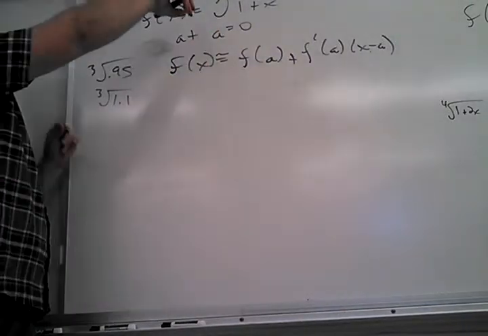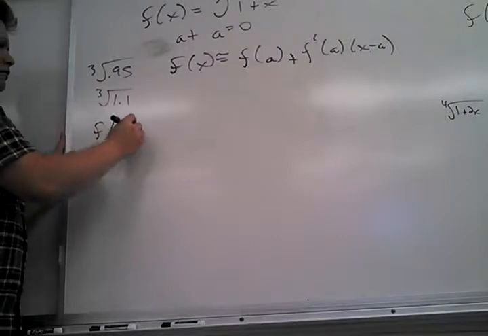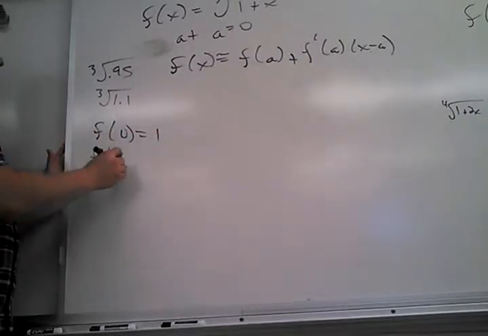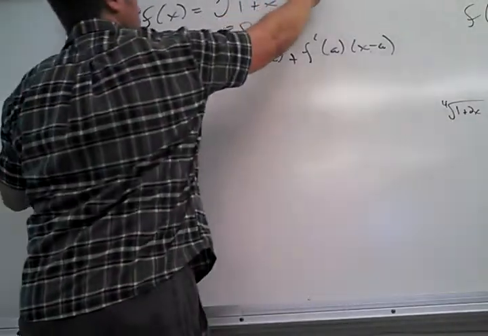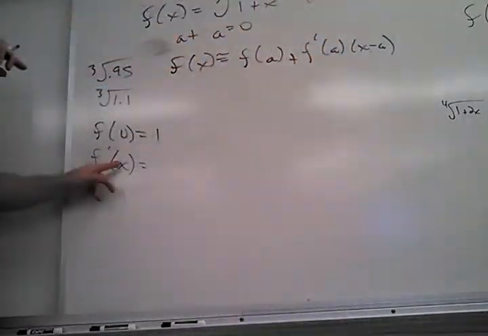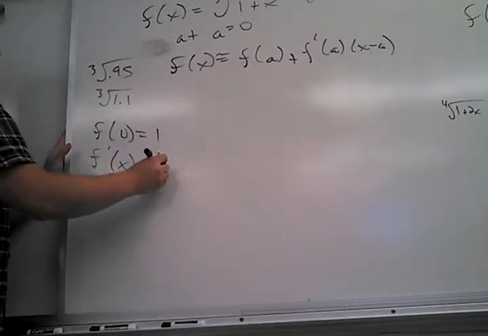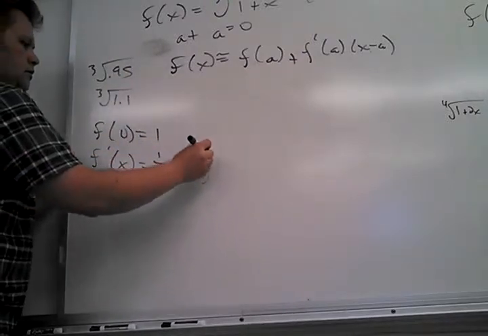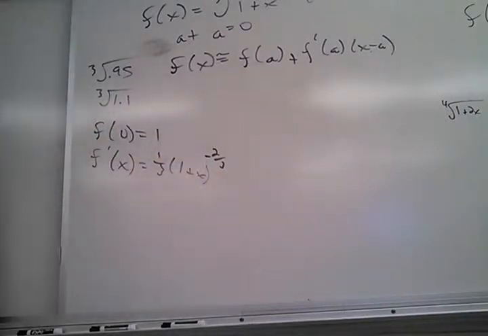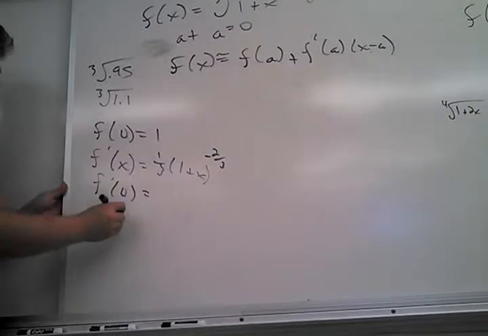So what's f of 0? 1. What's f prime of x? 1/3 times 1 plus x raised to the negative 2/3, times 1. So what's f prime of 0? 1/3.